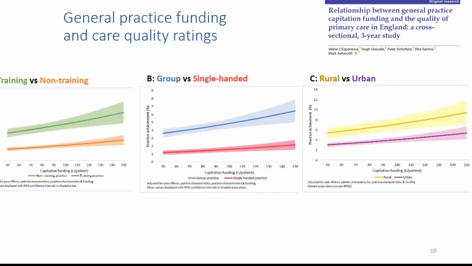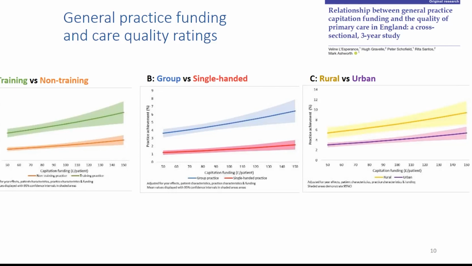And then we looked at different levels of funding based on different types of practices. In figure A, we have training practices versus non-training. In B, we have group practices versus single-handed. Single-handed means that they're run by essentially one GP, but other clinicians may also be in the practice as well. And then rural versus urban.